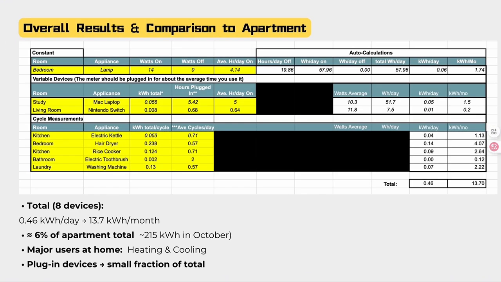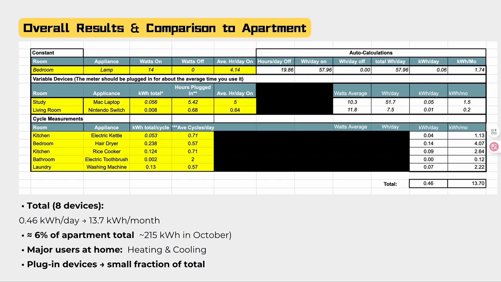For the cycle devices, the rice cooker used about 0.12 kilowatt-hours per cycle, the kettle about 0.05, the hair dryer around 0.24, the washing machine about 0.13, and the electric toothbrush only 0.002.